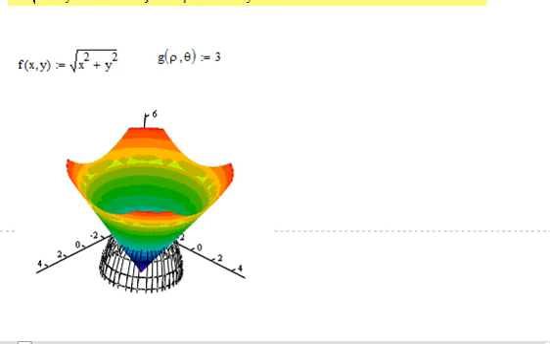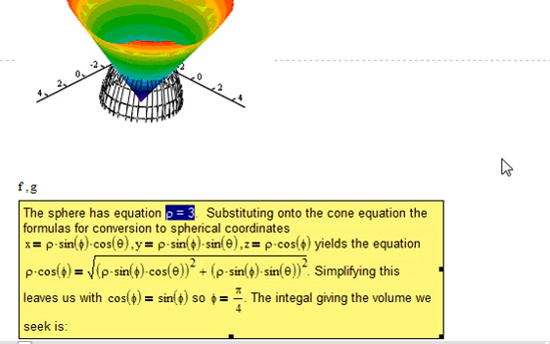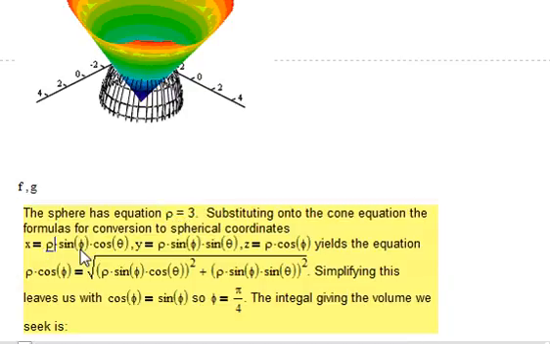What I was saying about sometimes this part of the integral is simple, it was very nice that that happened. Substituting that into the cone equation, the formulas for conversion to spherical coordinates: x equals rho sine phi times cosine theta, y equals rho sine phi times sine theta, z equals rho cosine phi. So that yields the equation rho cosine phi, that's z, equals the square root of x squared plus y squared. And simplifying this awful mess, notice the rho squareds will cancel out on both sides.